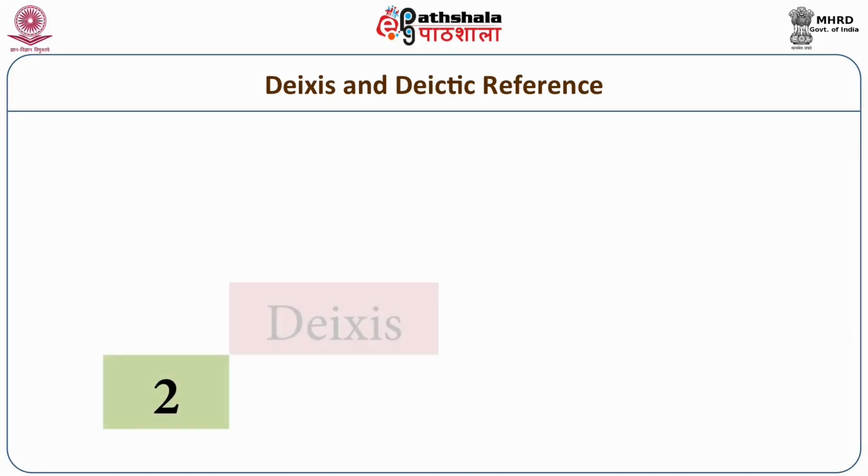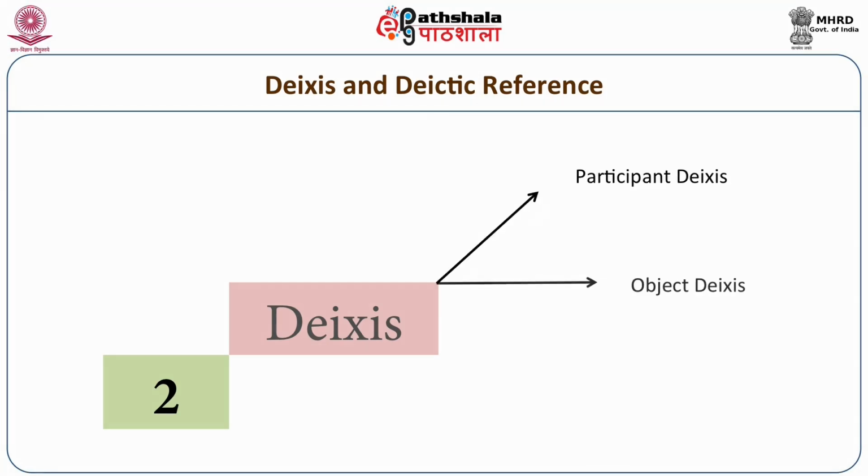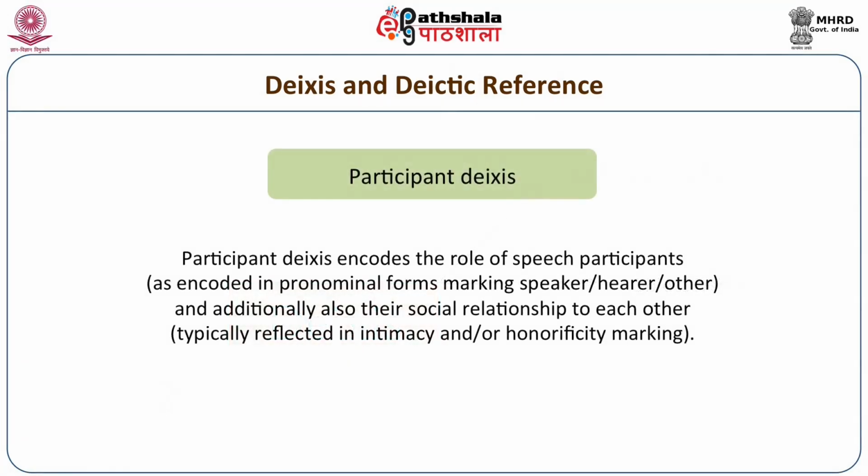Typically, two basic categories of deixis have been distinguished: participant deixis and object deixis. Participant deixis encodes the role of speech participants, usually by pronominals, speaker, hearer, and other, which we have already discussed, and also their social relationship to each other, reflected by intimacy and honorificity marking.